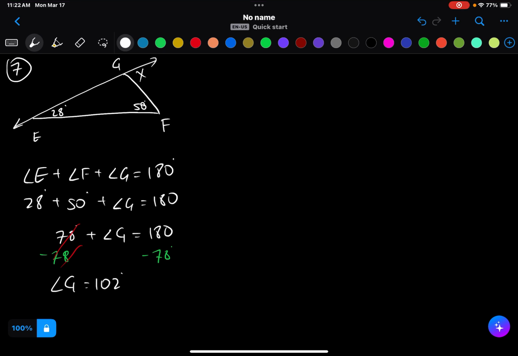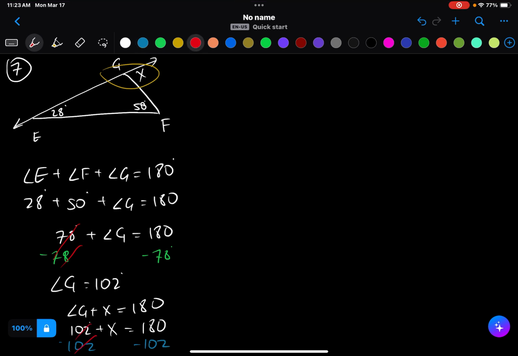Now that I know angle G, I can find X because these 2 are a supplementary pair. They add up to 180. So I can say that angle G plus X has to equal 180. And since I know what angle G is, it's 102 degrees, I can just substitute that in. And then to solve for that, I simply need to subtract 102 from both sides.